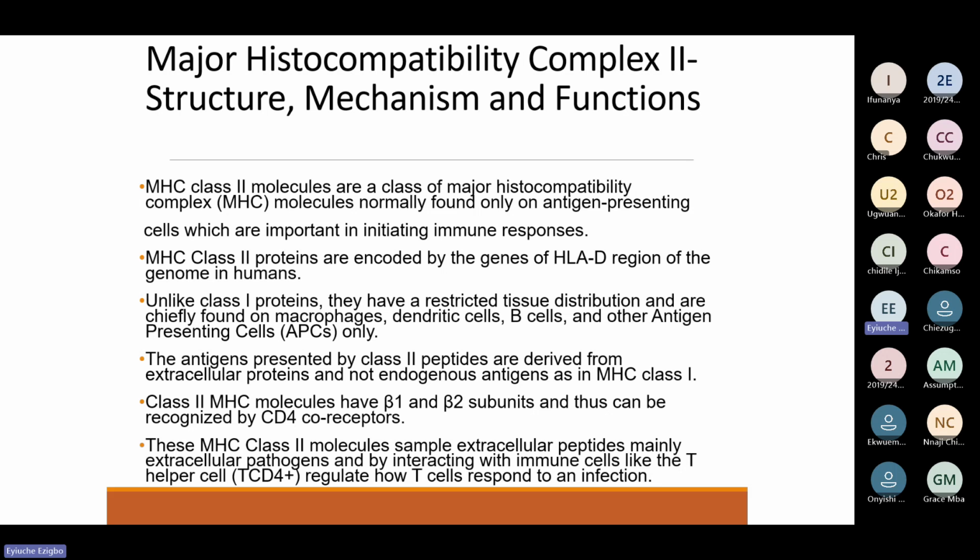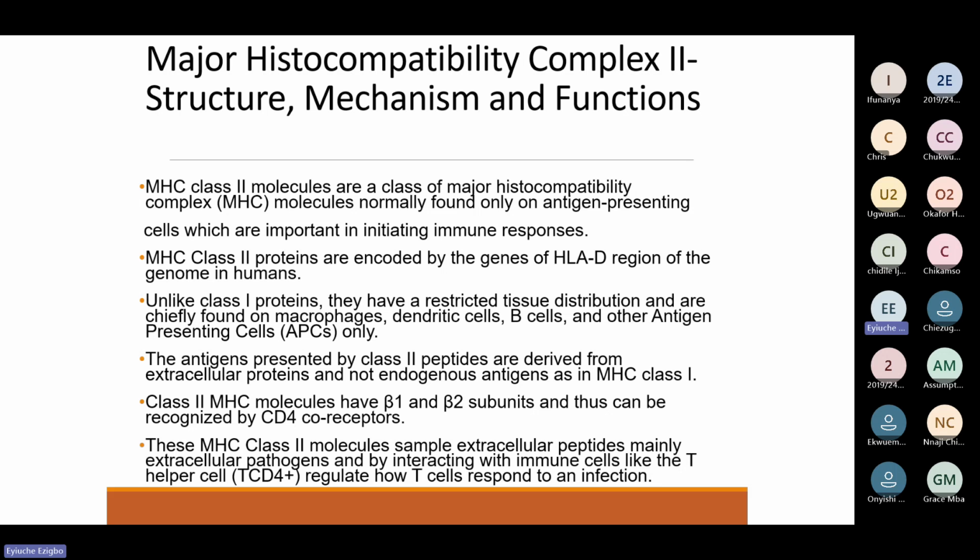Class 2 MHC molecules have beta 1 and beta 2 subunits and thus can be recognized by CD4 co-receptors. The MHC class 2 molecules sample extracellular peptides, mainly from extracellular pathogens, and by interacting with immune cells like T helper cells, regulate how T cells respond to an infection.